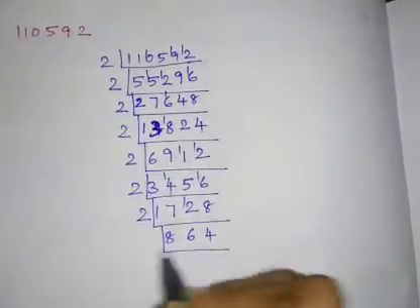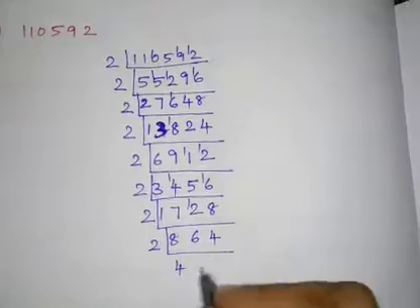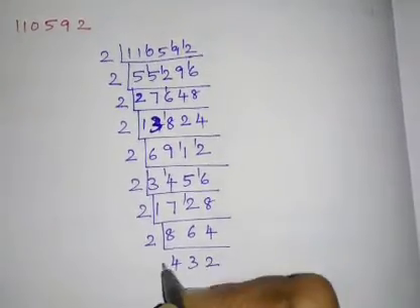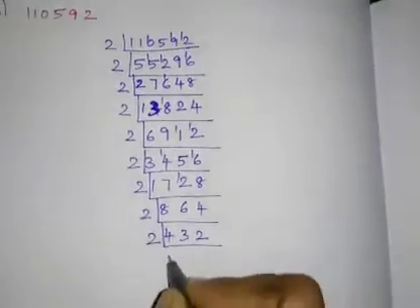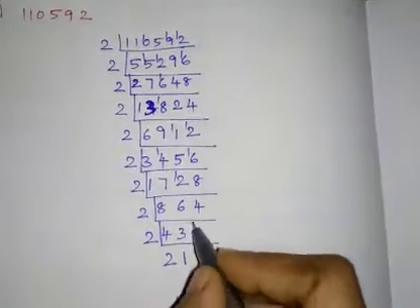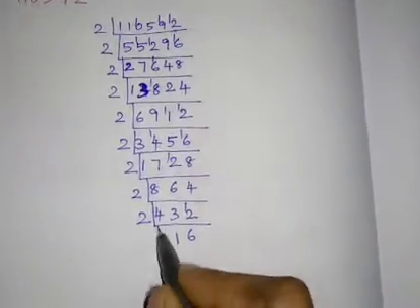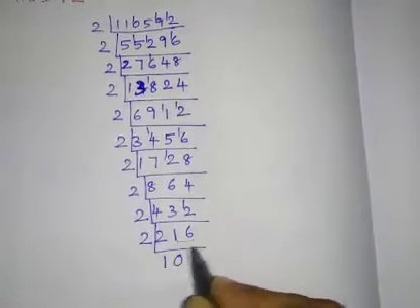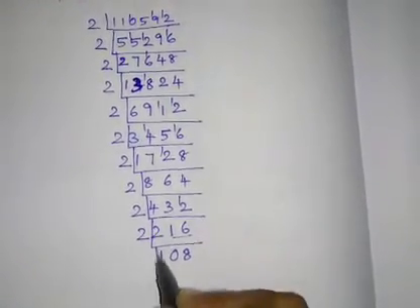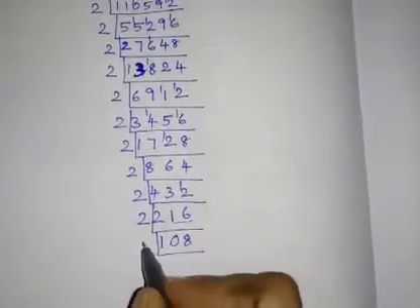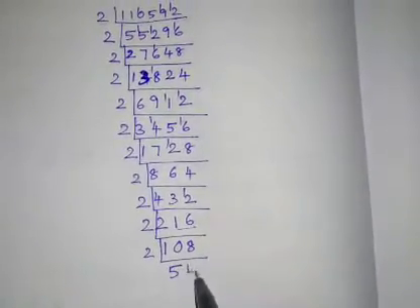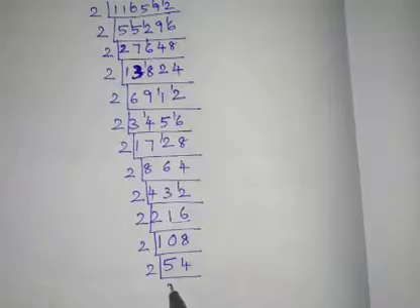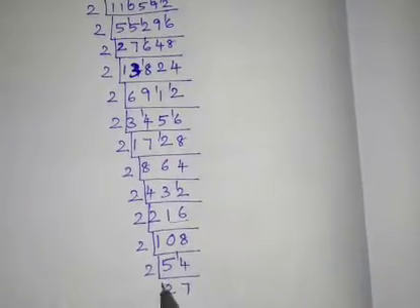Next in 2 table, 2 4s are 8, 2 3s are 6, 2 2s are 4. Then again in 2 table, 2 2s are 4, 2 1s are 2, remainder 1, 2 6s are 12. Then 2 table, 2 1s are 2, 0, so 8 2s are 16, right? Up next, 2 table, 2 5s are 10, 2 4s are 8. 2 table, 2 2s are 4, 2 7s are 14.